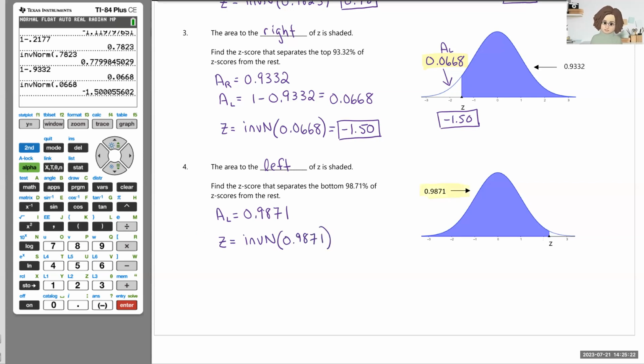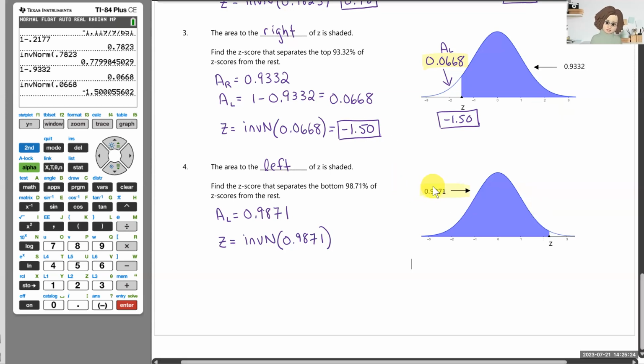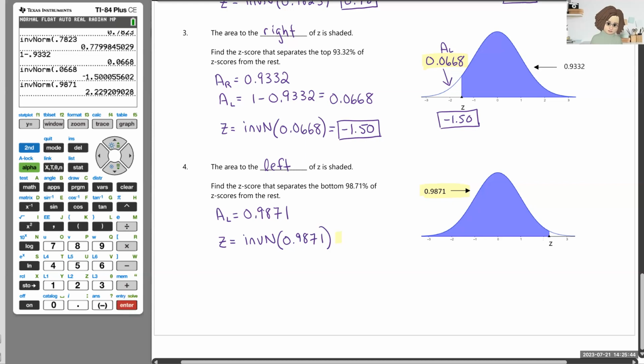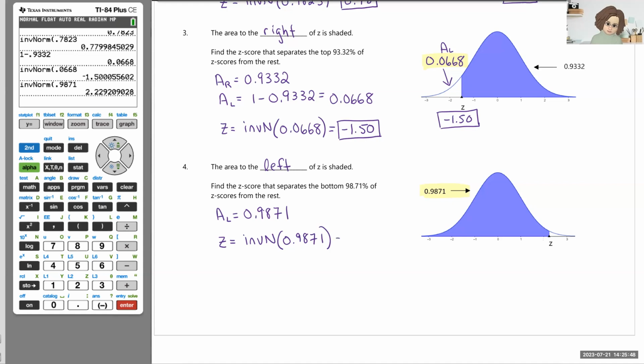In this case, we can inverse norm directly, and we better get a positive answer for z according to that picture. So inverse norm 0.9871. Indeed, that is positive 2.23. Throw that on the picture there.